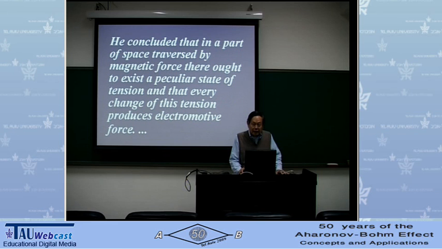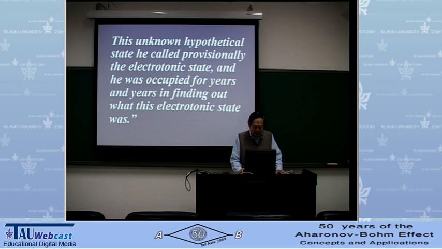He concluded, that means Faraday concluded, that in a part of space traversed by magnetic force, there ought to exist a peculiar state of tension, and that every change of this tension produces electromotive force. This unknown hypothetical state he called provisionally the electrotonic state, and he was occupied for years and years in finding out what this electrotonic state was.